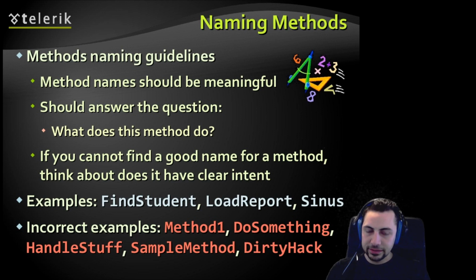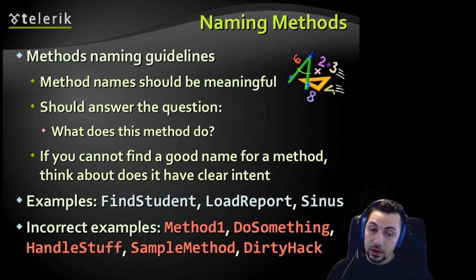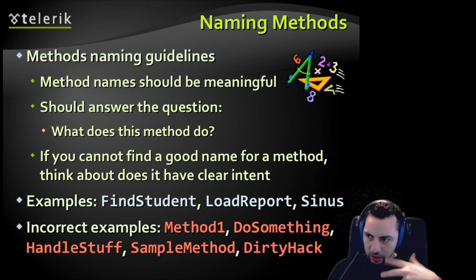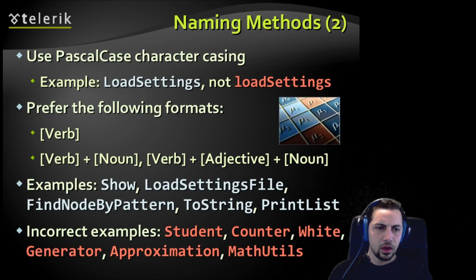A dirty hack may be good to get something started, but it should be there temporarily. You would certainly never want to commit something like this to your repo. Maybe you do it as a dirty hack to do a test just locally, but before you commit that to your repository, you would clean that up. You would give it a clearly defined name, or you'd split that dirty hack up into a correct sequence of methods. And much like everything else we've done, Pascal case.